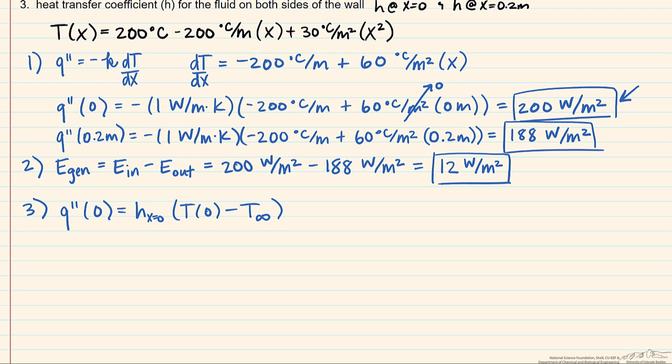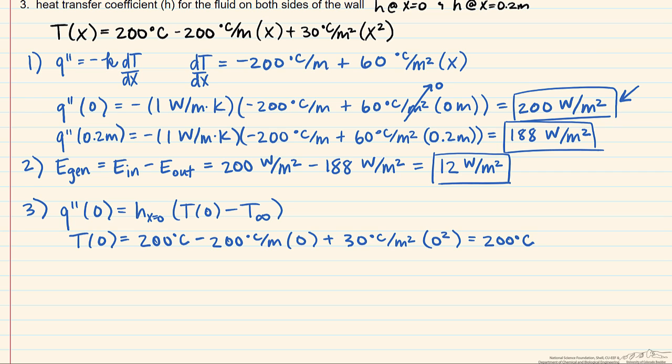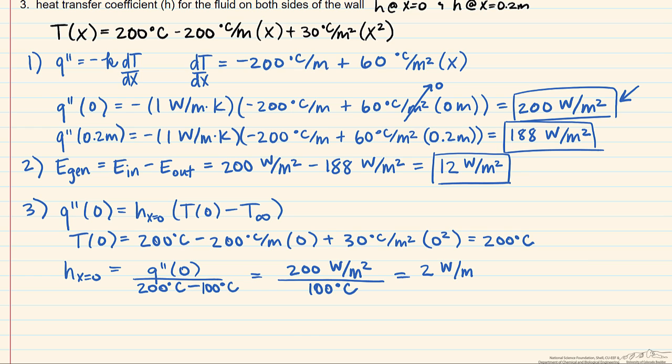We have our temperature distribution, which was given, and if you plug in x equals 0 to that temperature distribution, you find that the temperature at x equals 0 is equal to 200 degrees C. Now, solving for h, we find that h is equal to 2 watts per meter squared Kelvin.